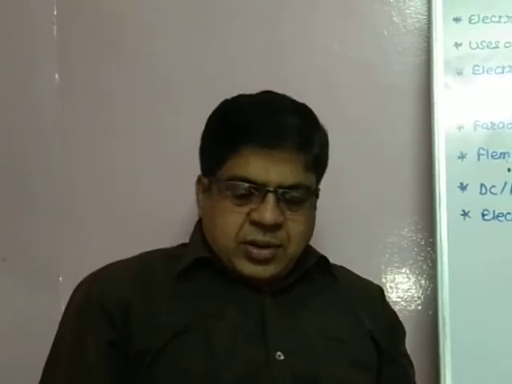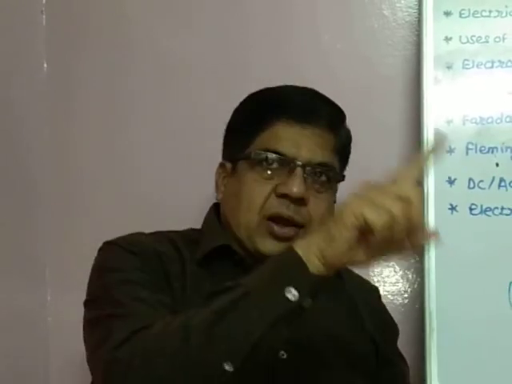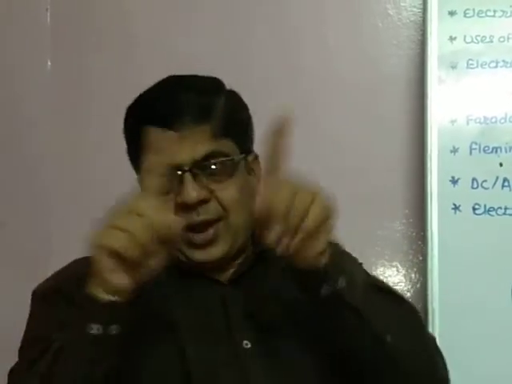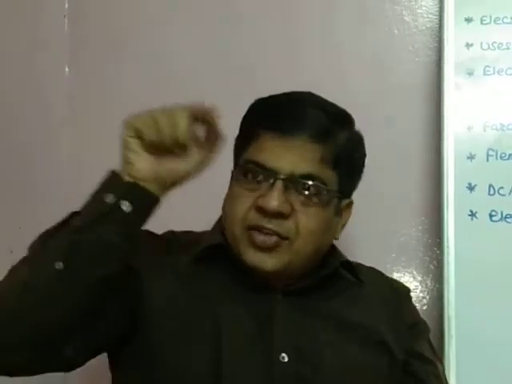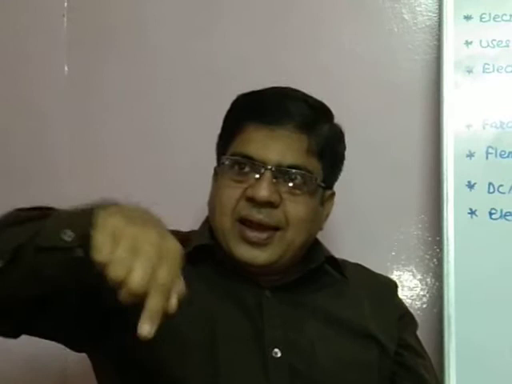Then the electric generator: the electric device which converts mechanical energy into electrical energy. Again, look at the funny thing. In an electric motor, electrical energy is converted into mechanical energy, and in an electric generator, mechanical energy is converted into electrical energy. Due to the generator we get lights.